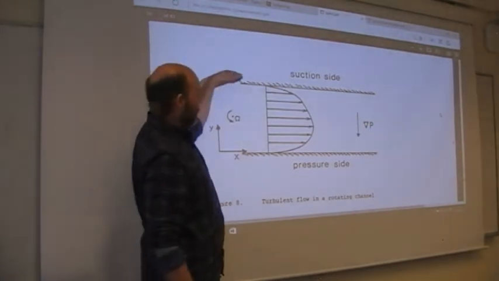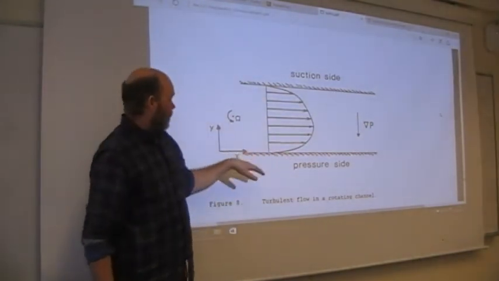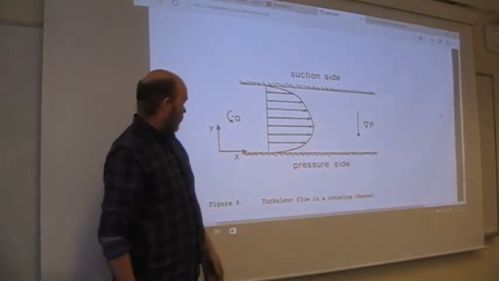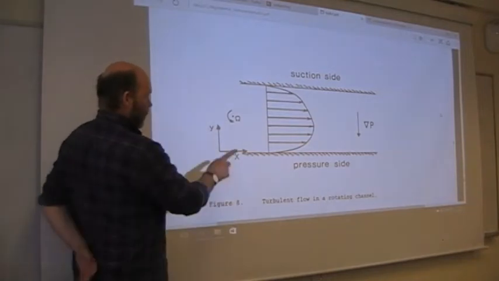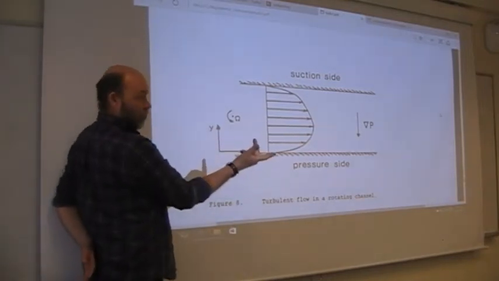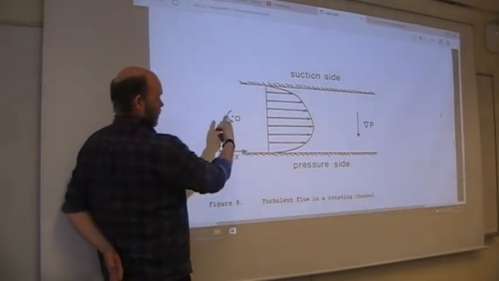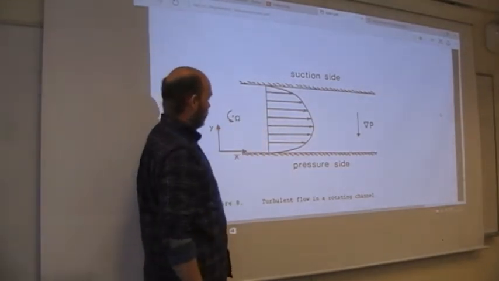You have a straight channel, it's not curved at all, but you set up a system rotation. The coordinate system x, y, and z goes out, then you have a positive rotation against the clock.